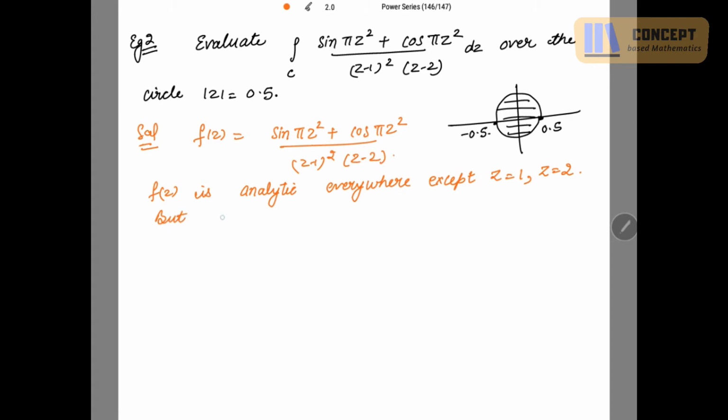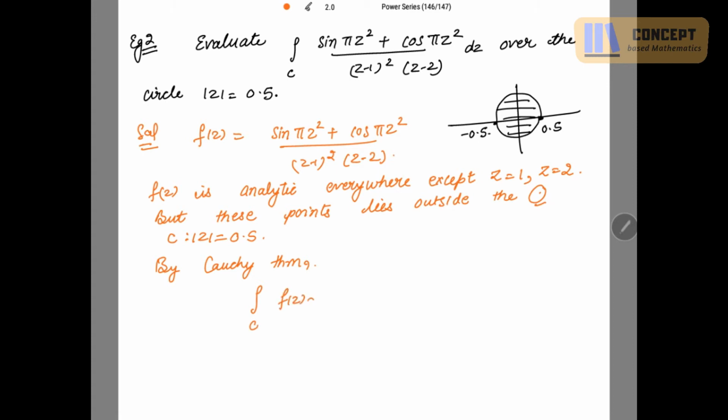But these points lie outside the given circle. I'm giving the notation like this for the circle. So by Cauchy's theorem, the integral over c of f(z) dz is 0 as c is the closed contour.